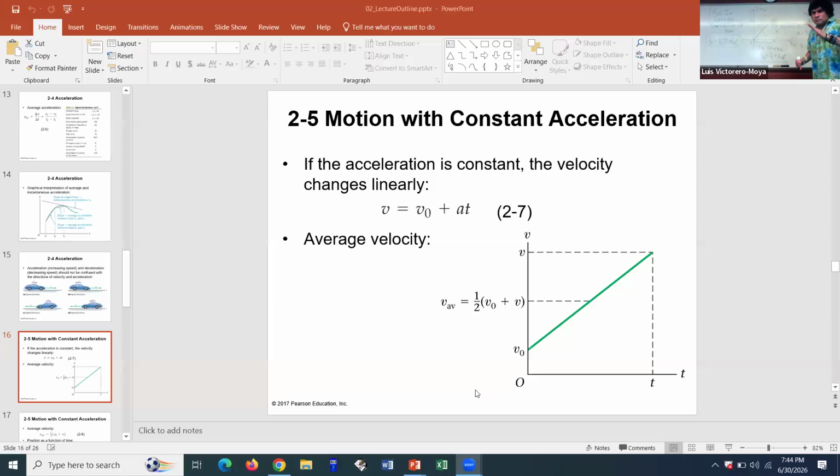For a constant acceleration, if the body is speeding up, that's the case. And look how they show you the average velocity. If the acceleration is constant, the average velocity is that.